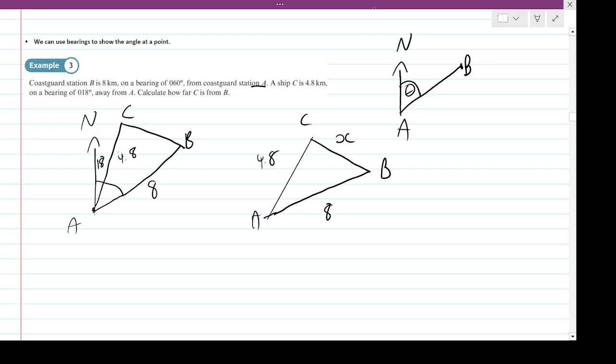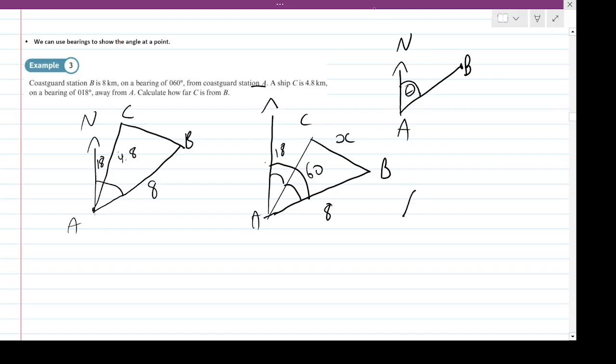I know that from this top, this is 18 degrees. But I also know the whole angle here is 60 degrees because that's the bearing to B. So therefore this angle in the triangle is just going to be 60 take away 18.